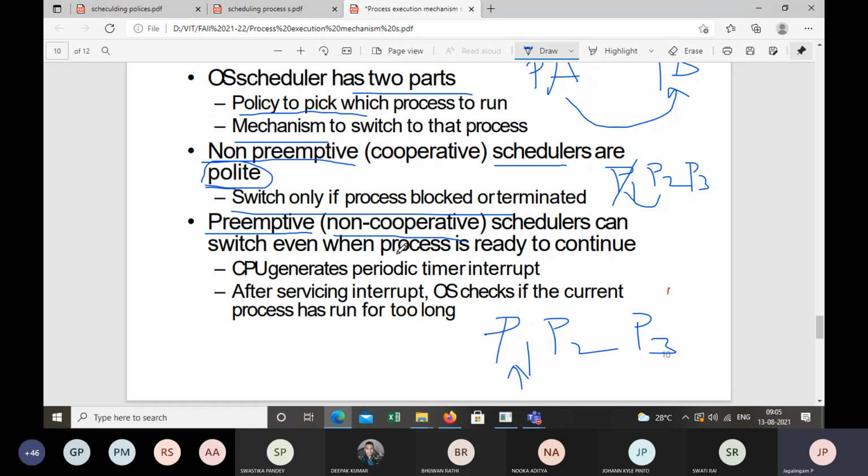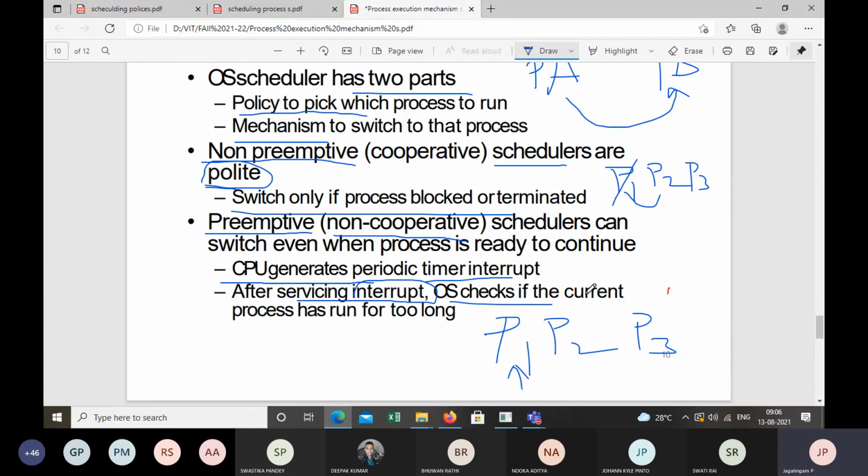How does that happen? The CPU periodically generates a timer interrupt. We can set the period of the timer interrupt. Periodically the CPU causes an interrupt and calls the operating system to come into play.